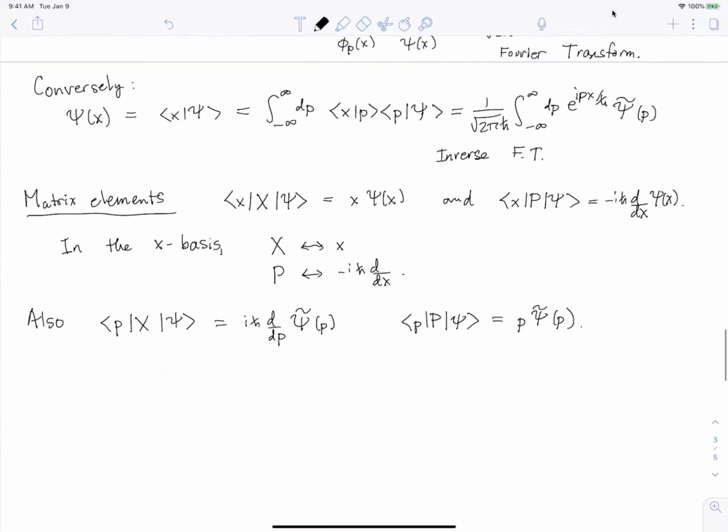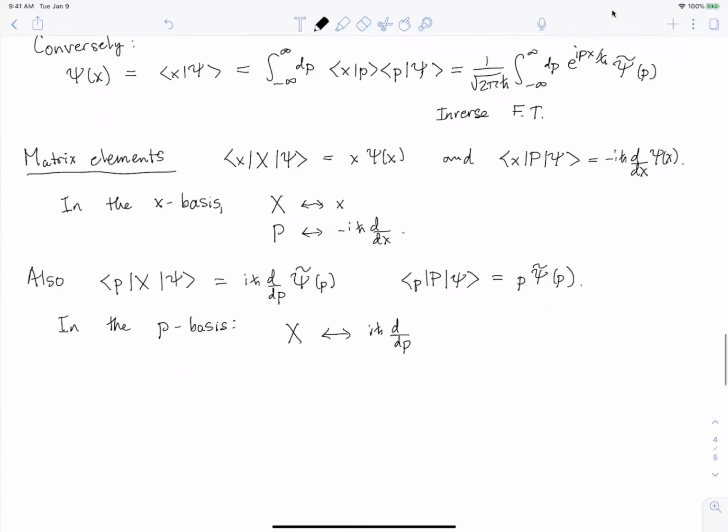Okay, and so we can summarize that by saying in the p basis, what those equations mean is that the operator x is represented by i h bar derivative, this time with respect to p, whereas the operator p is represented by just the number p.